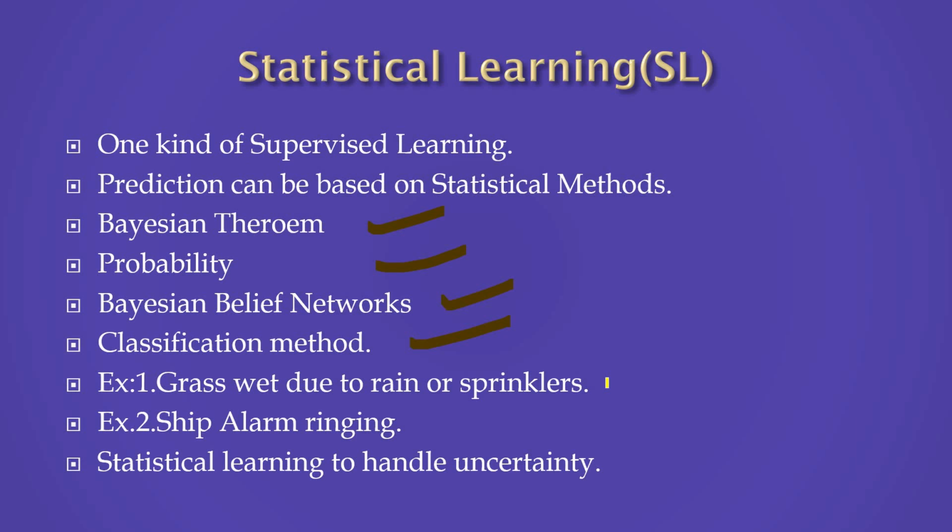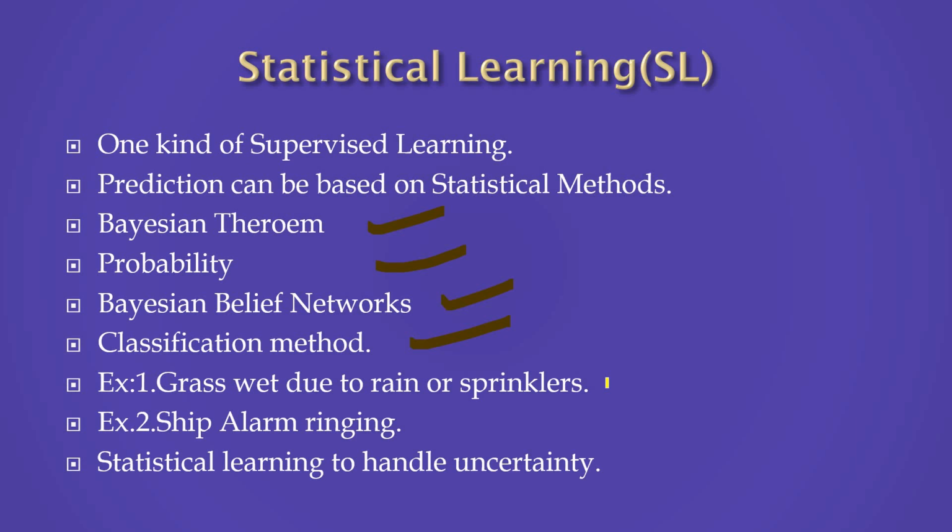It was wet due to rain or due to sprinklers, that we don't know. We need to calculate the probabilistic formula. If we have 0.68 for rain and 0.32 for sprinklers, which one is considered true? We can consider 0.68, which is rain. So statistical learning can help us to gather the data, predict the data, identify the correct solution and remove the uncertainty.